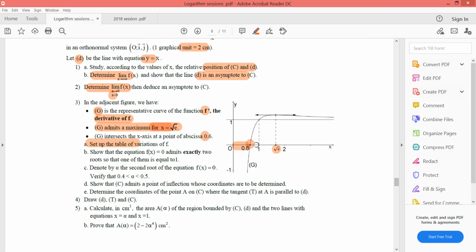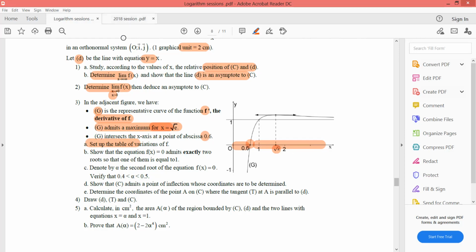And if x is greater than 0.6, G is above the x-axis, G being the representative curve of f prime, so f prime is positive. So f prime is 0 at x equals 0.6, negative between 0 and 0.6, and positive greater than 0.6.